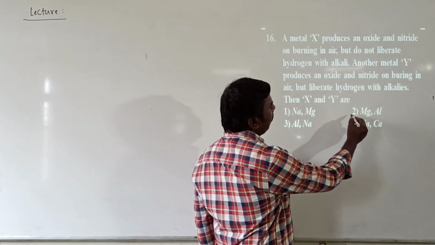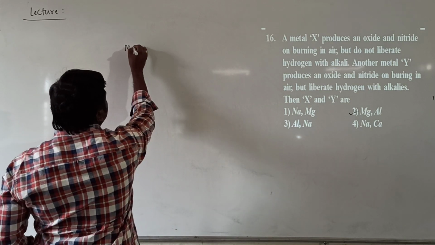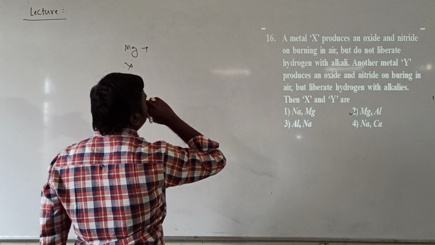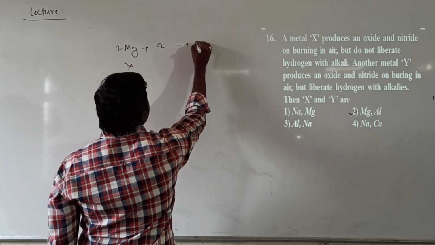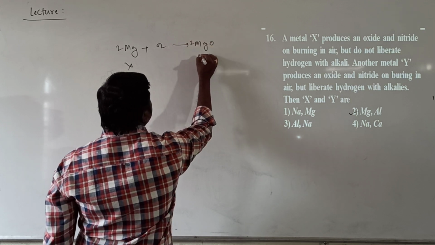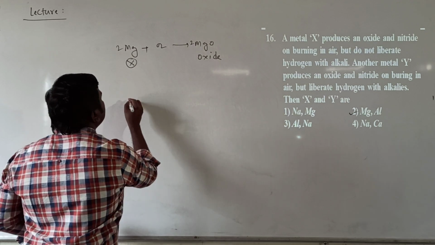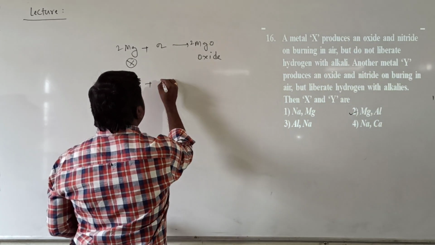I think the answer will be magnesium. Magnesium treated with air, meaning oxygen, gives us 2 moles of MgO oxide. X it is. Next, 2 Mg plus nitrogen.